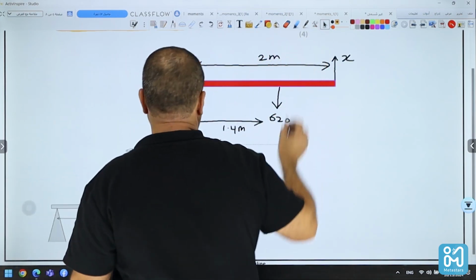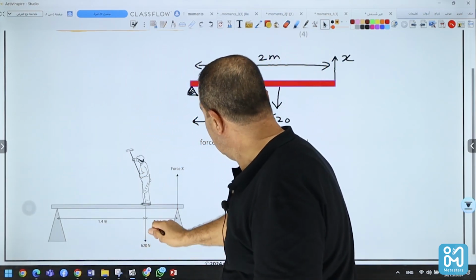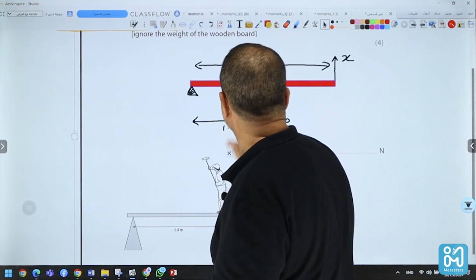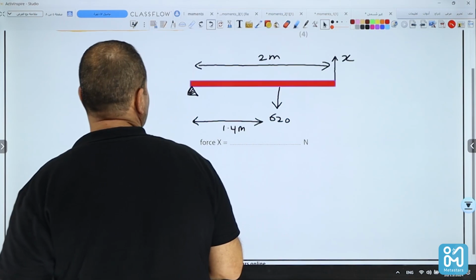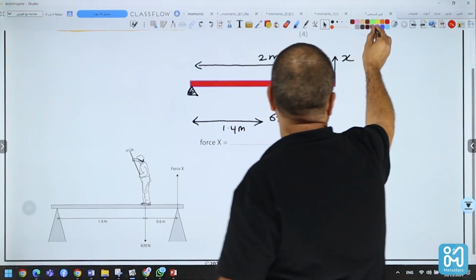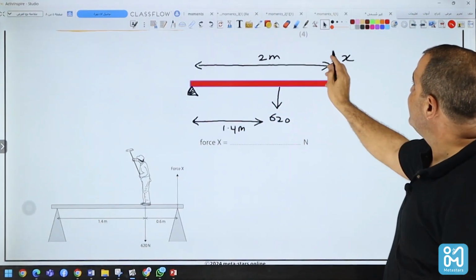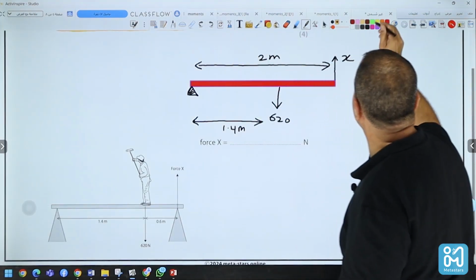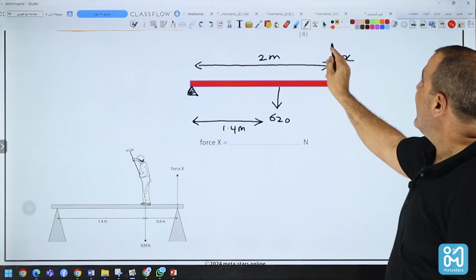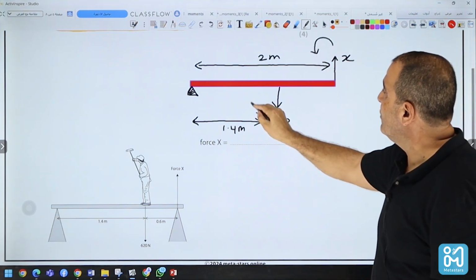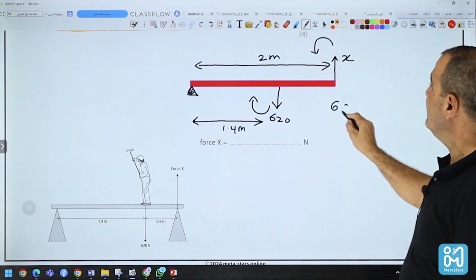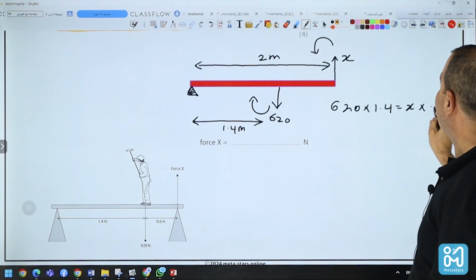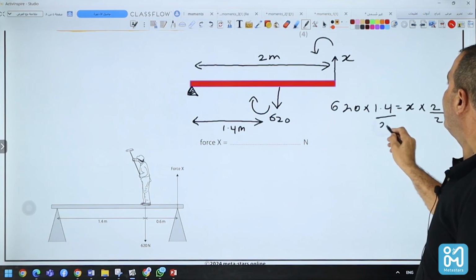Now this is the anti-clockwise and this is clockwise. 620 multiplied by 1.4 must equal X multiplied by 2, over 2, and over 2.